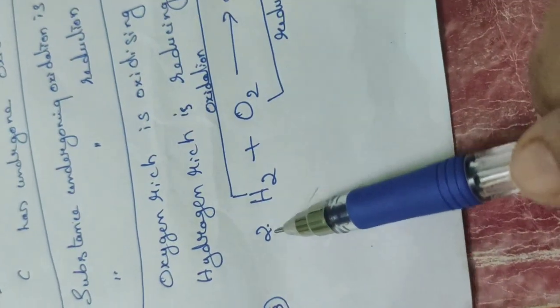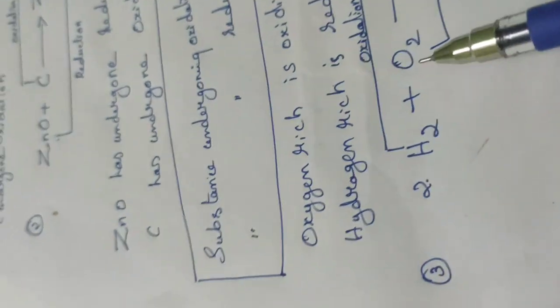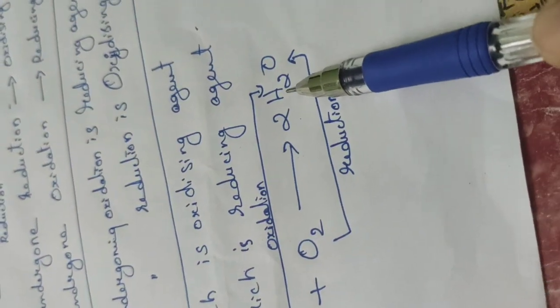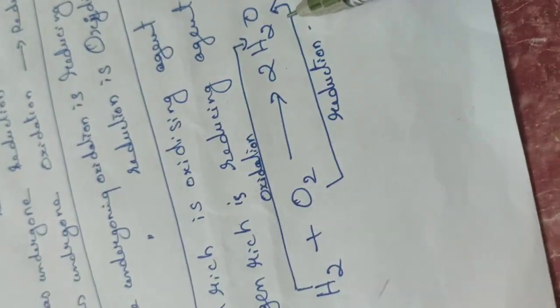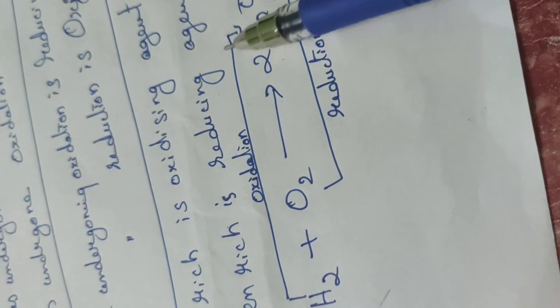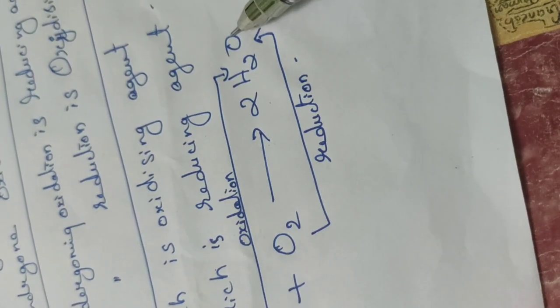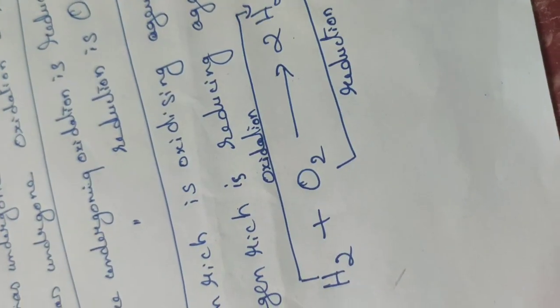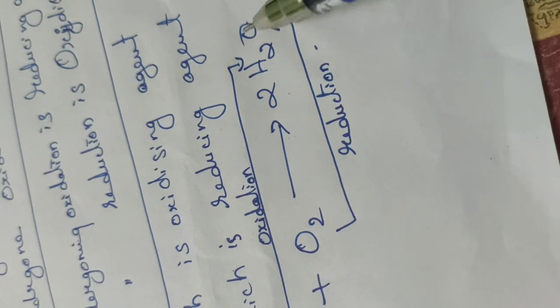Oxygen-rich compound is the oxidizing agent, hydrogen-rich compound is the reducing agent. Let us try one more example. Two molecules of hydrogen react with one molecule of oxygen to form water. See here what is happening to hydrogen. Oxidation happened. Hydrogen has undergone oxidation. Am I right? See here, oxygen got added, no? So hydrogen has undergone oxidation, and what happened to oxygen?